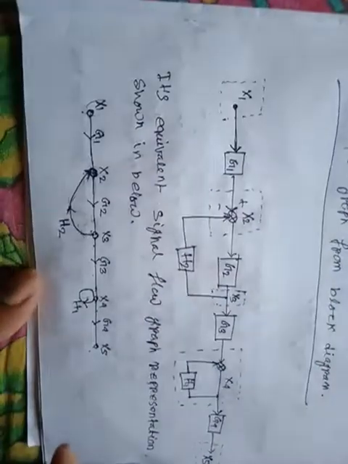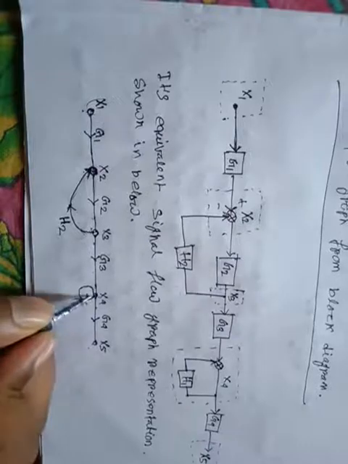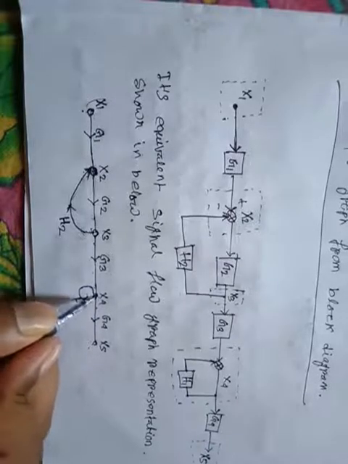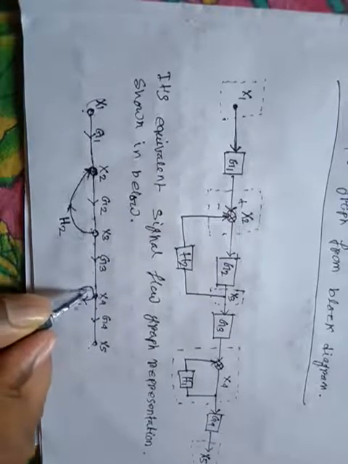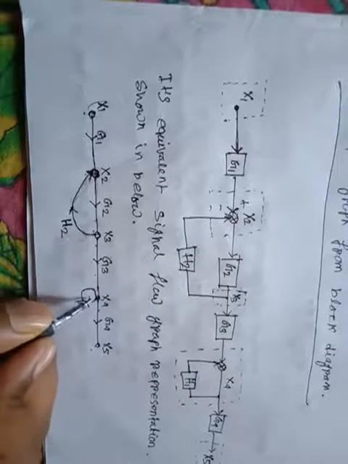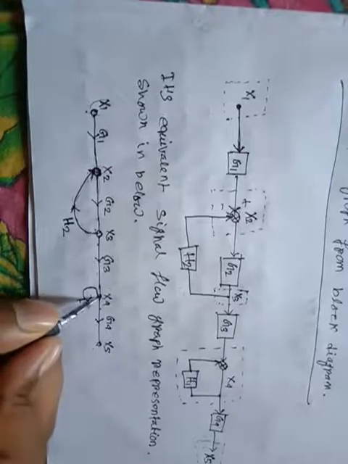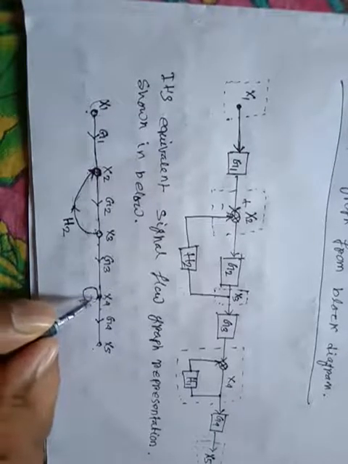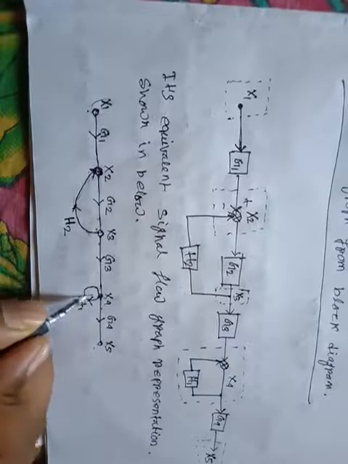It starts from the node x4 and ends at the node x4, with no other branch. Where the starting point and end point are the same, it is called a self loop.